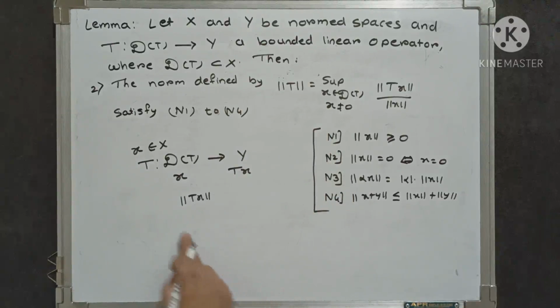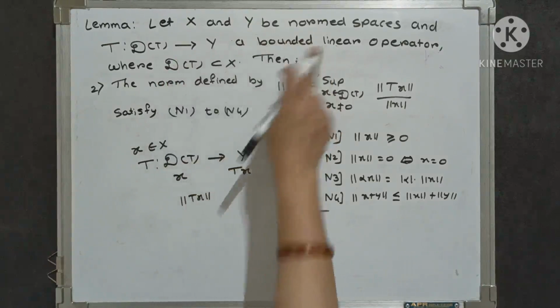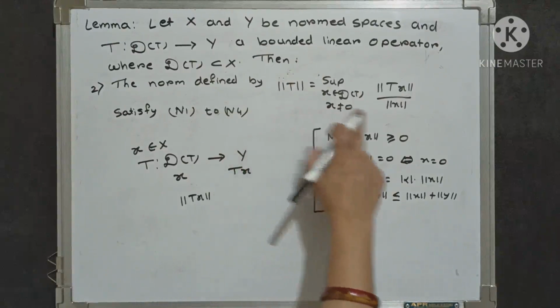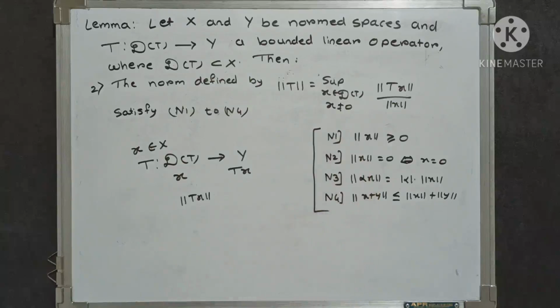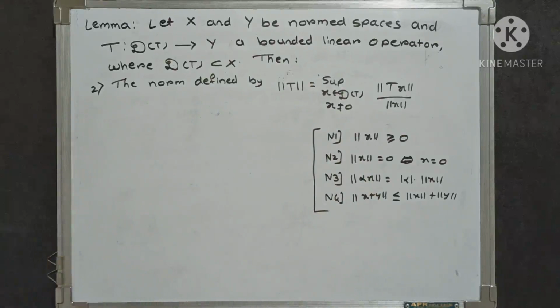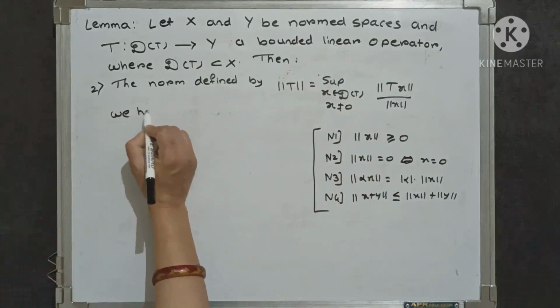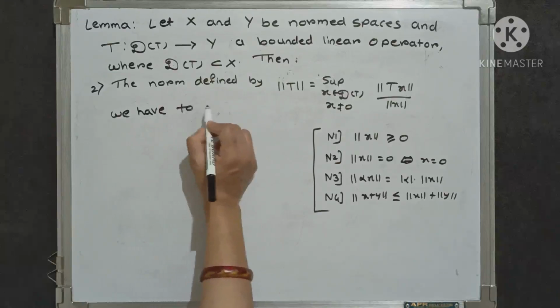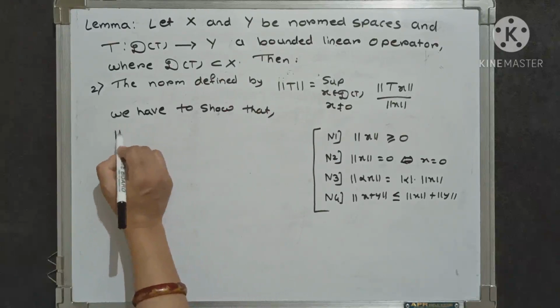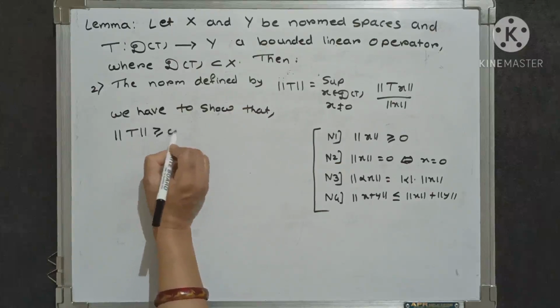So with the help of these two conditions, that X and Y are normed spaces and therefore satisfy all four axioms, we prove that the norm of T defined like this satisfies all these four axioms. So first we have to show that ‖T‖ is greater than or equal to 0.